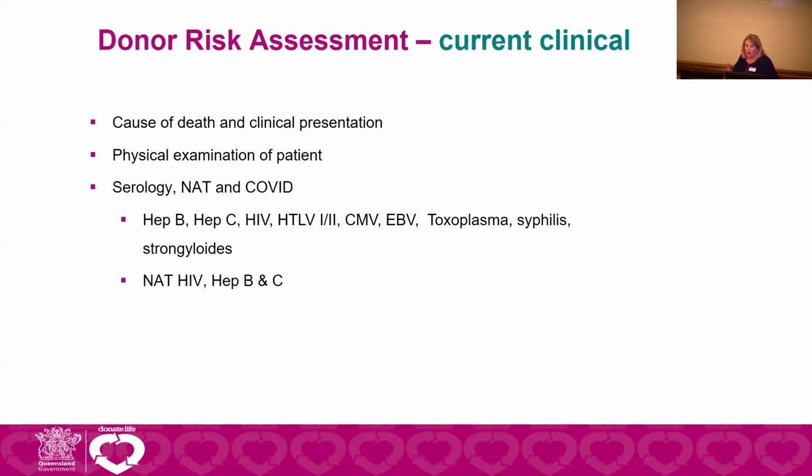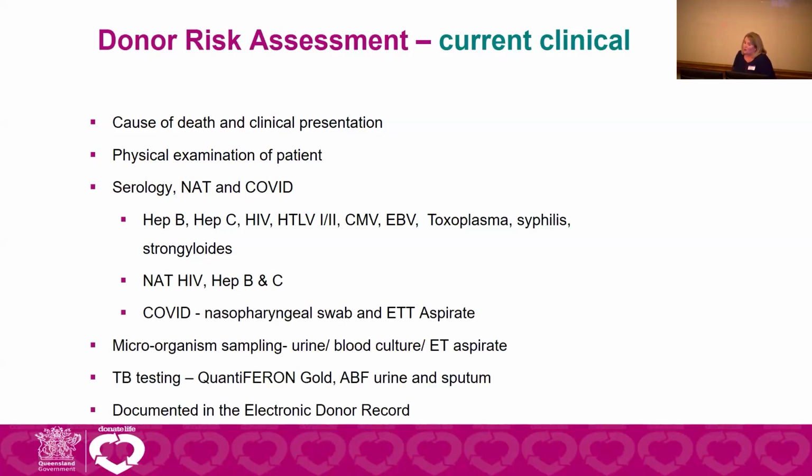Irrespective of what we find in our DRAI assessment, we always do prospective NAT tests. Some other states only do them if the patient is identified as high risk, or don't do them at all. We also COVID test all donors with a nasopharyngeal swab and an ET aspirate, and this began back when COVID hit in 2020.